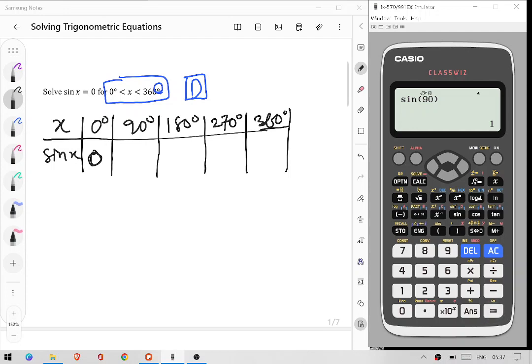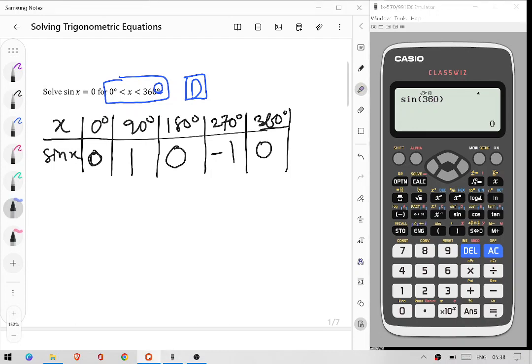Sine 90 is 1. Sine 180 is 0. Sine 270 is minus 1, and last but not least, sine 360 is 0.